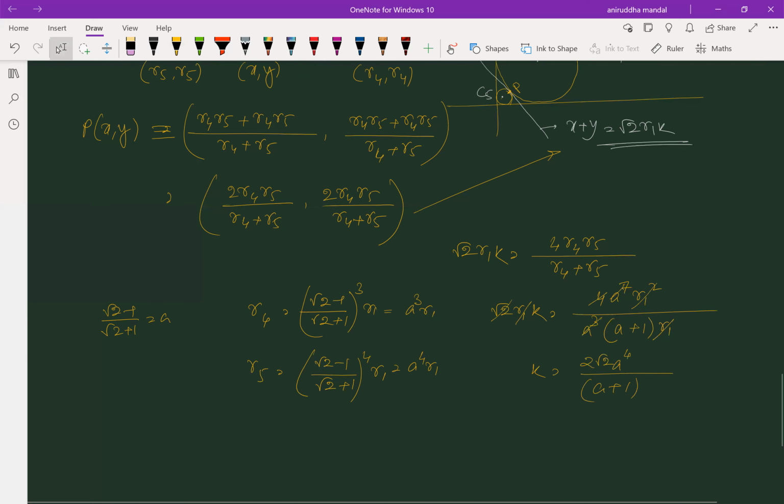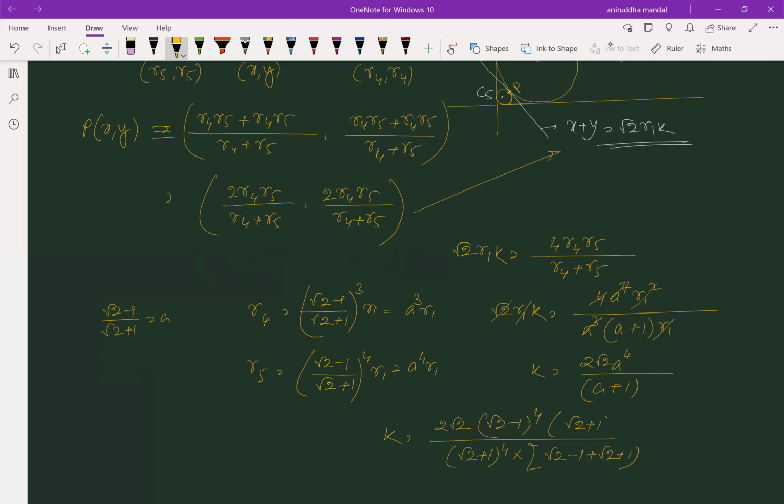Now a4 means just substitute these values. So a4 means root 2 minus 1 to the power 4 divided by root 2 plus 1 to the power 4 into a plus 1, so a divided by root 2 plus 1, and root 2 plus 1 will go in the numerator, so these two things will get cancelled, and 2 root 2 will get cancelled from here.